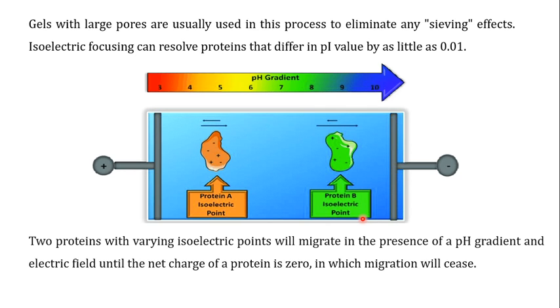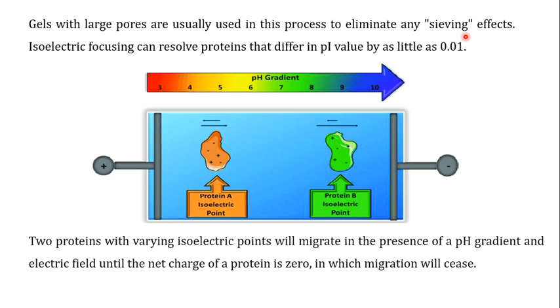Now when you talk about the polyacrylamide gel that you use in the IPG strips, they are actually made with large pores, usually to eliminate any sieving effect, because you are separating the proteins based on their isoelectric point, so you will be making the pores very large.